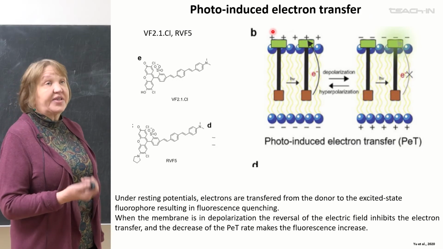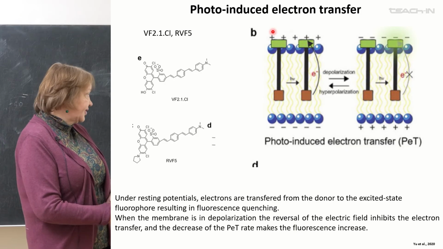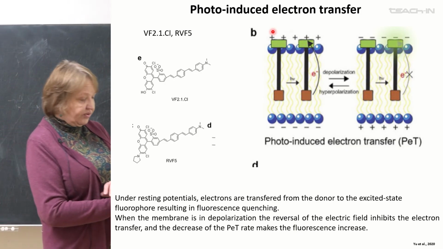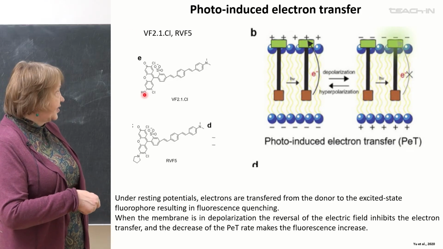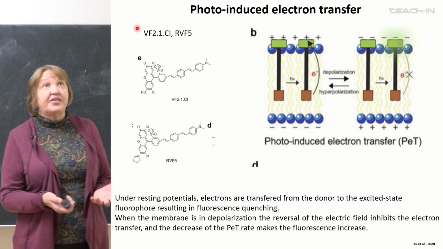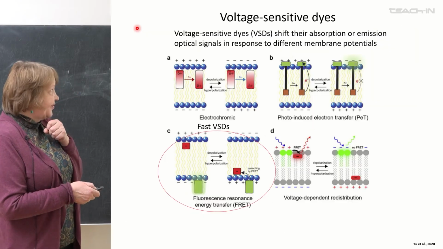If the membrane is depolarized, they're separated, and the fluorescence increases because of this photo-induced electron transfer. So these are examples of the dyes. Basically, a reversal of electric field inhibits this transfer.